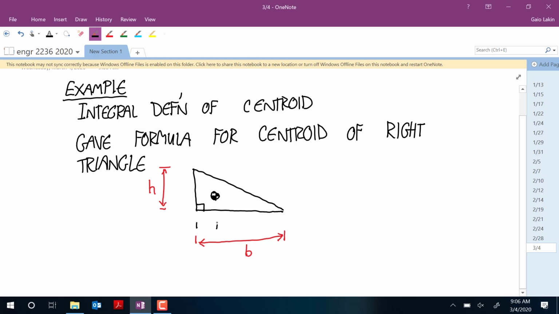So this distance here is b over 3, and this distance here is h over 3. So now we're going to derive that using the integral definition.